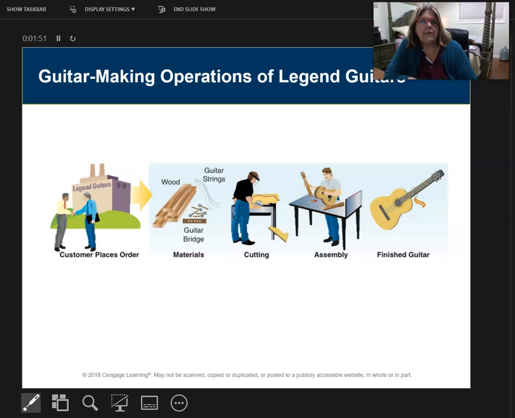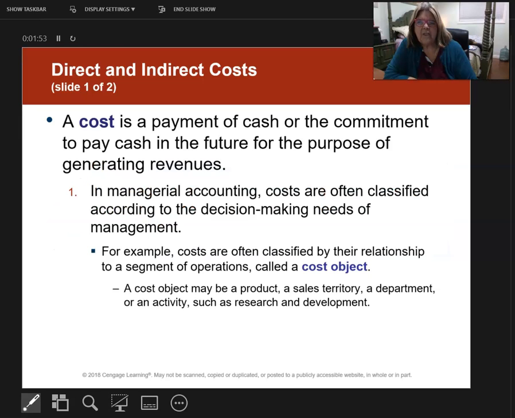So again, this is going to be making something. The big thing about this chapter is cost, and it's very important to understand cost. In order to know what my prices are, I need to know what my costs are. So you're going to be writing all of these things down as we go, because that's what the homework is going to be about.